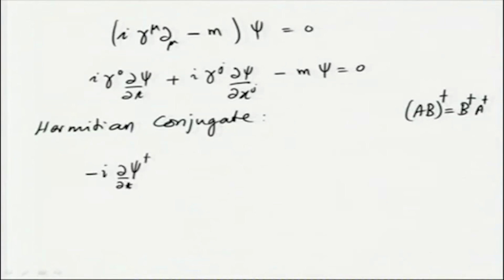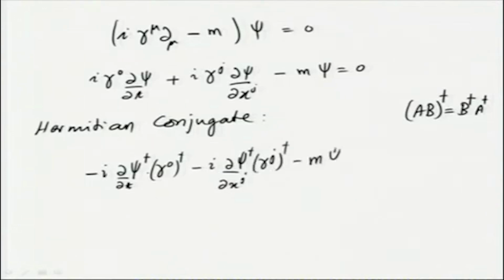The complex conjugation or the transpose will not affect dou by dou t, so it is actually psi that will be affected, and then the second one is gamma 0. Similarly, minus i dou x j psi dagger gamma j dagger minus m psi dagger equal to 0.